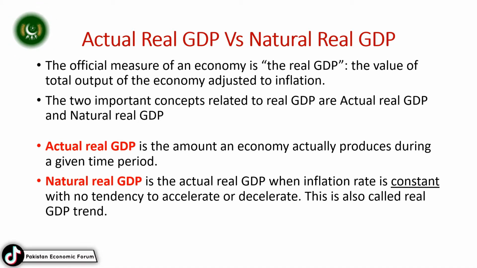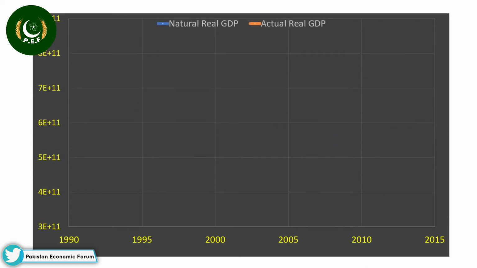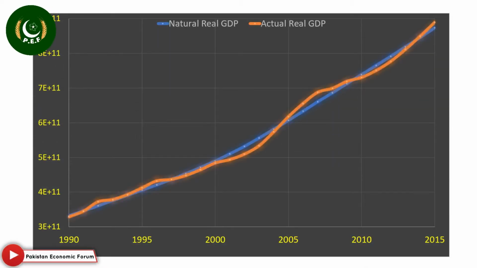The actual and natural real GDP are plotted in this diagram. These numbers are for Pakistan during 1990 to 2015. The blue line is natural real GDP, whereas the red line is actual real GDP.